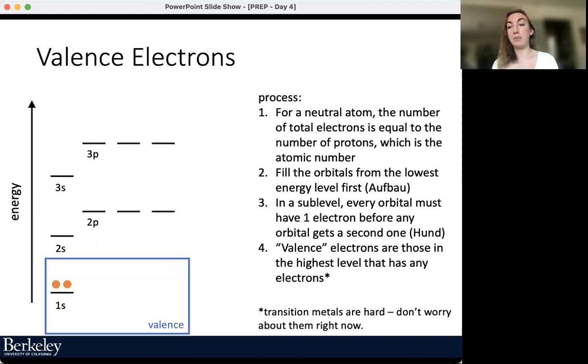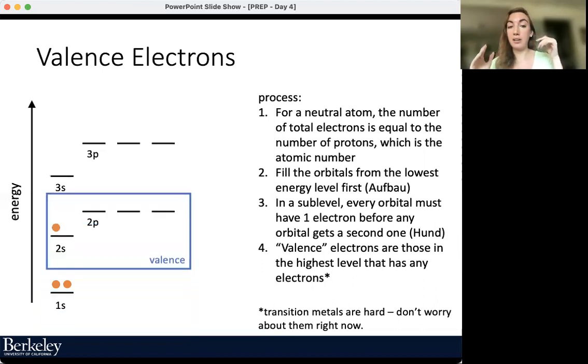Then when I move to lithium, which has 3 protons, I need to add a third electron. So it needs to go up in that 2s level just like it did before. But now our second energy level is our valence shell, because now that's the highest energy level that has any electrons in it.